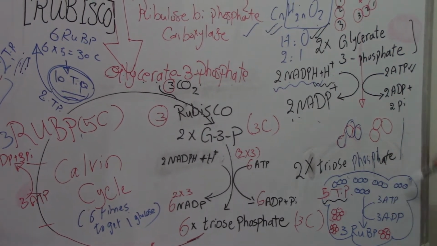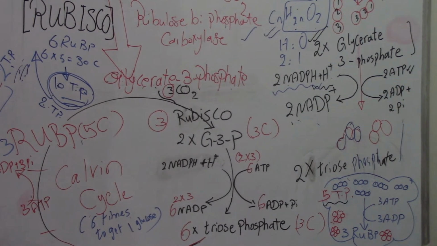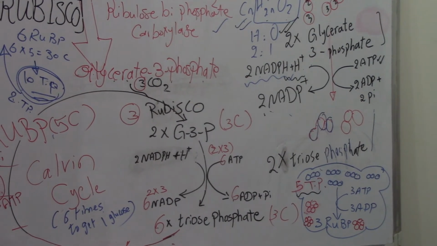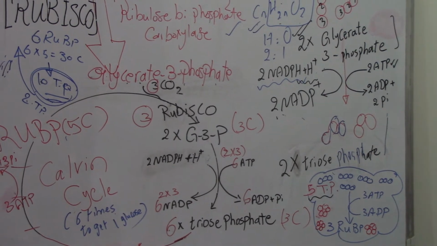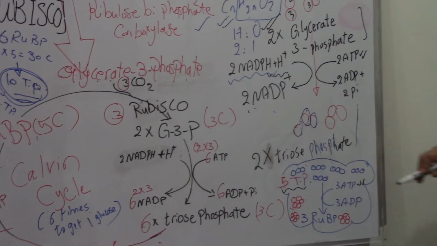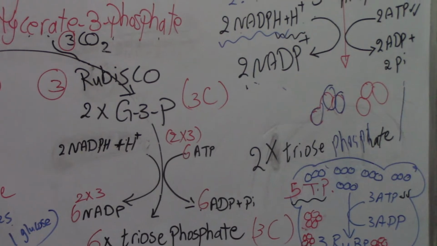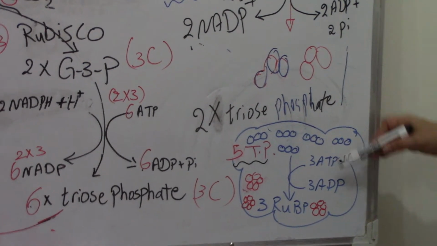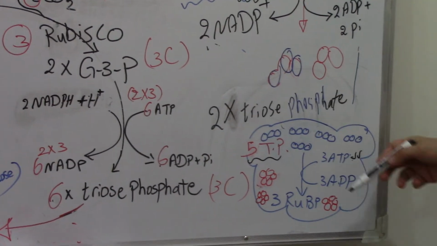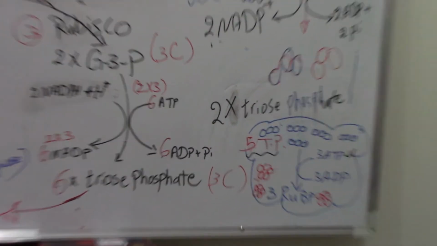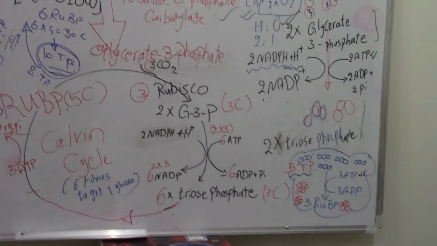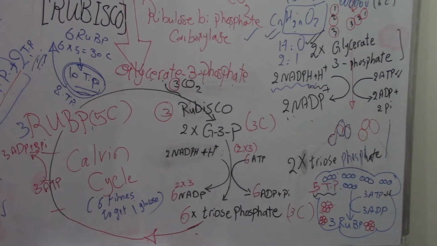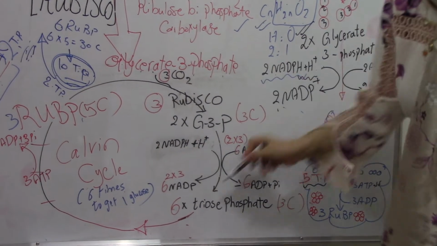So 15 carbons in triose phosphate can make 3 molecules of ribulose bisphosphate. This process also requires energy, which is supplied by ATP. So 3 ATP molecules are used to convert 5 molecules of triose phosphate into 3 molecules of ribulose bisphosphate. In this way, triose phosphate will regenerate the ribulose bisphosphate in what we call the Calvin cycle.